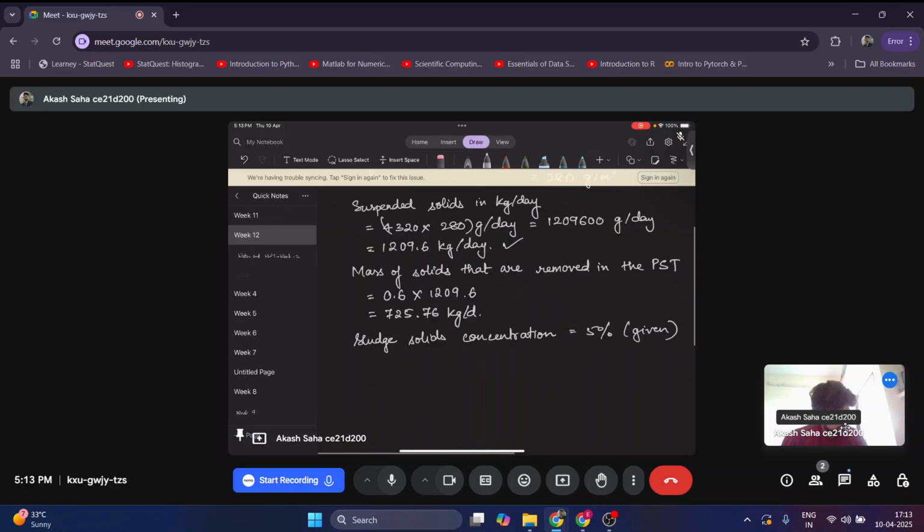So we can say that sludge would have 95% of water. So if 5% solids are there in the sludge, then definitely it will have 95% of water, that is PW, and 5% solids, that is PS.